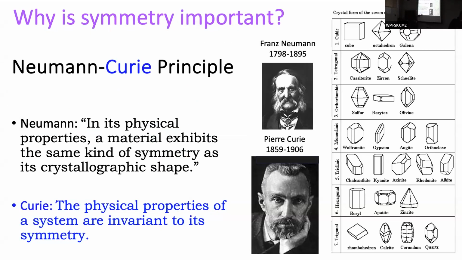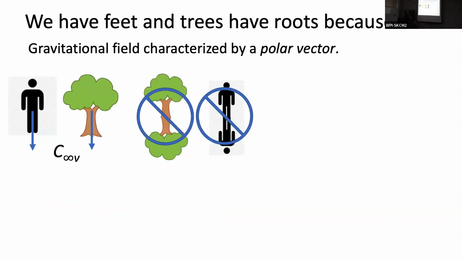So the physical properties of effects are invariant to their cause. And so we can think about symmetry in the presence of external fields. There's a reason why we have feet and trees have roots, because we grow in polar fields, in gravitational fields. For fish, gravity is not so important, so they don't need to manifest feet or roots.